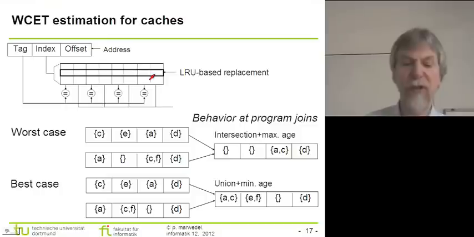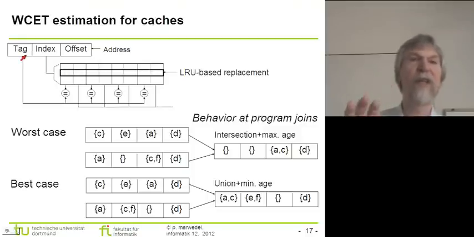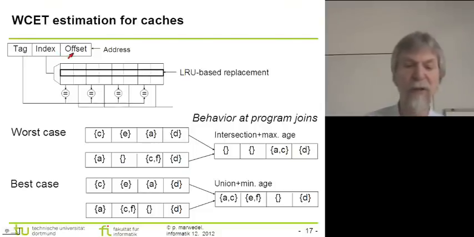Then for each row, we have a number of entries that are distinguished by values in the so-called tag field. The tag field describes some more significant bits of the address. The offset field describes a particular byte or word belonging to one of the entries that we find in such a row.